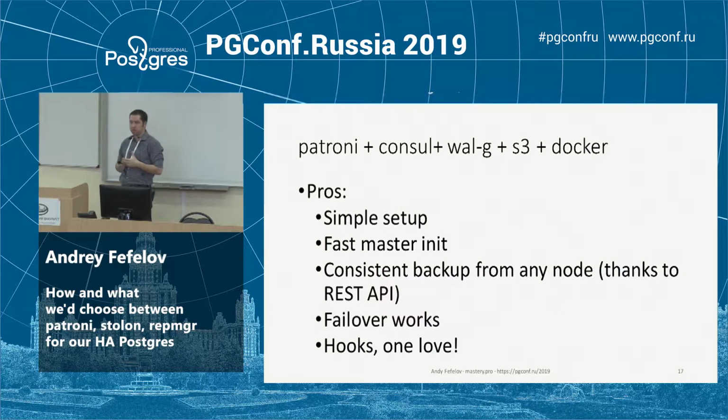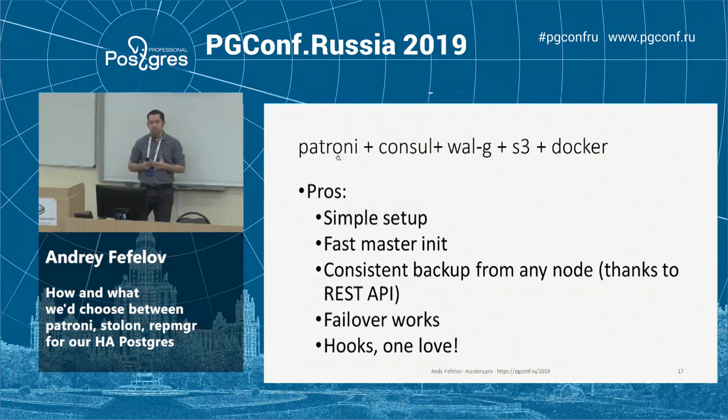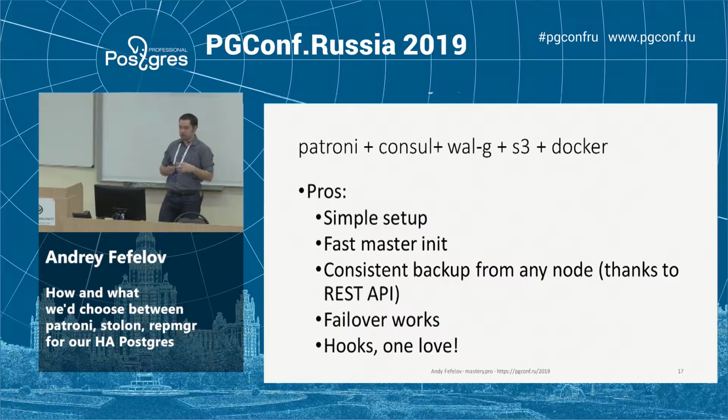What are the advantages of our solution? In my opinion, this is a simplified setup compared to setups like Stolon, where you need to have a few components and monitor them: keeper, sentinel, proxy.